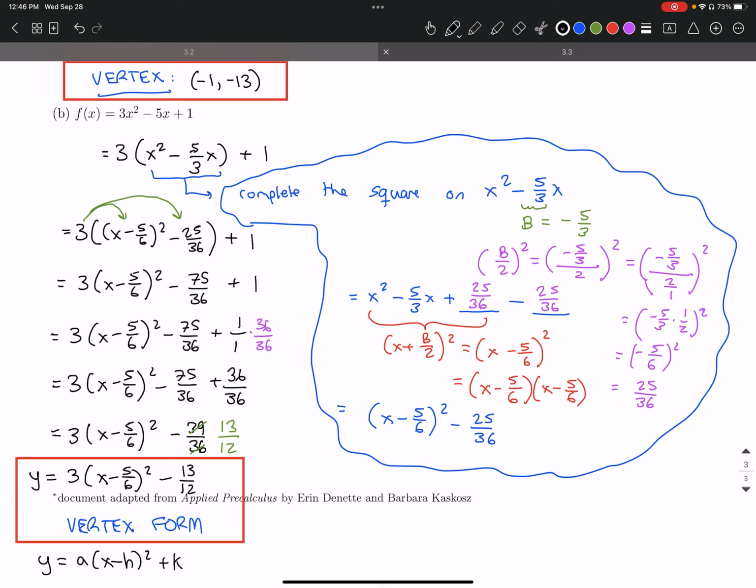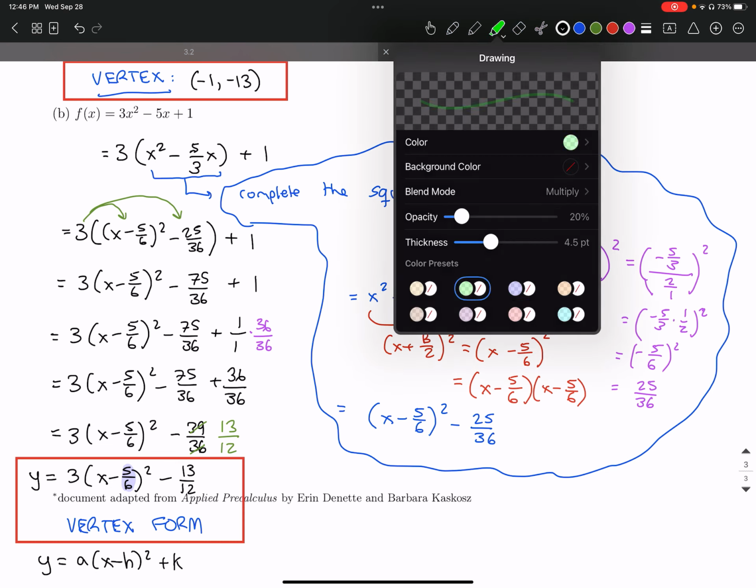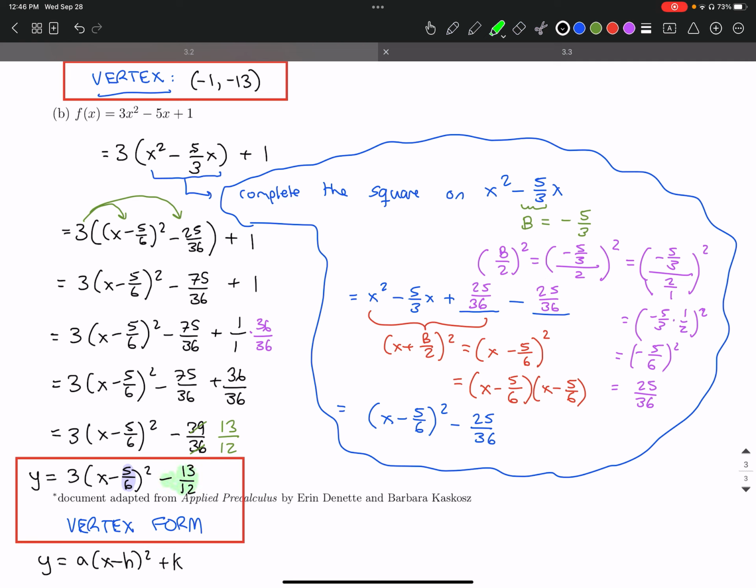And in our case, if you look at this carefully, what's after the minus sign here is 5/6, and that has to be our h, whereas the number on the end, negative 13/12, is going to have to be our k.